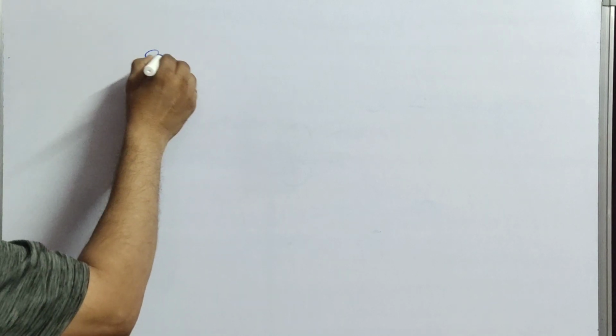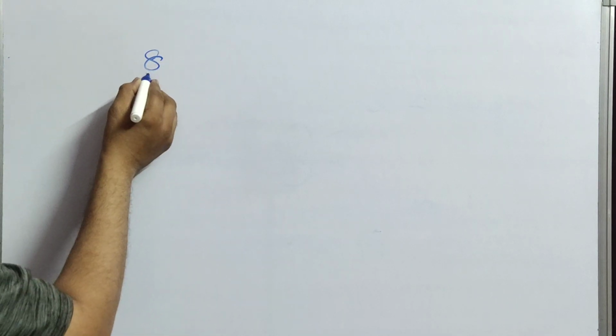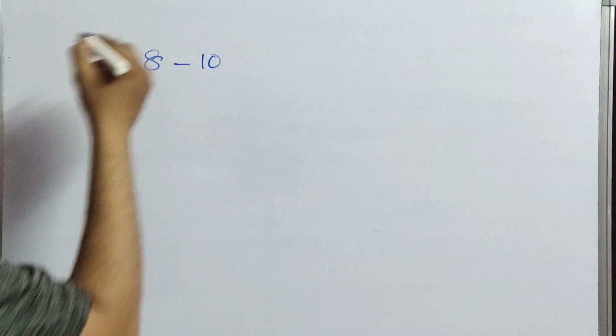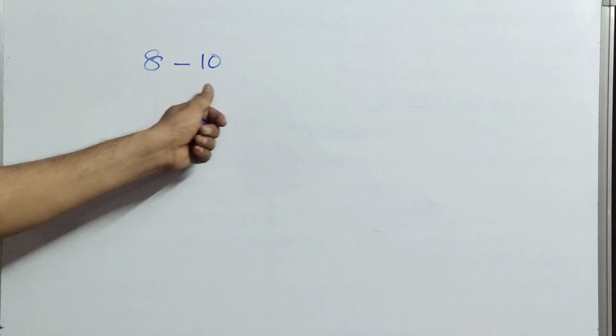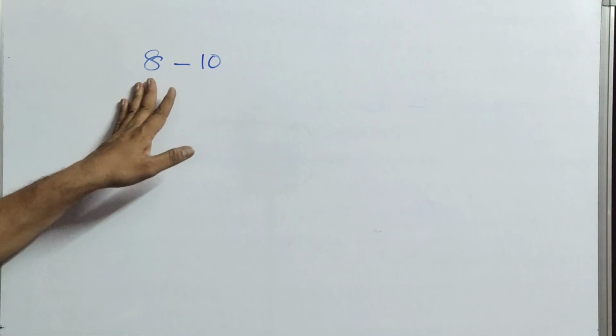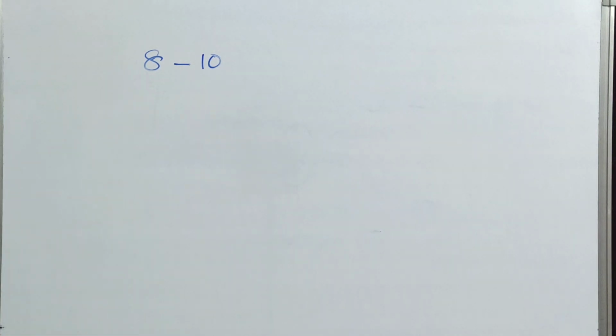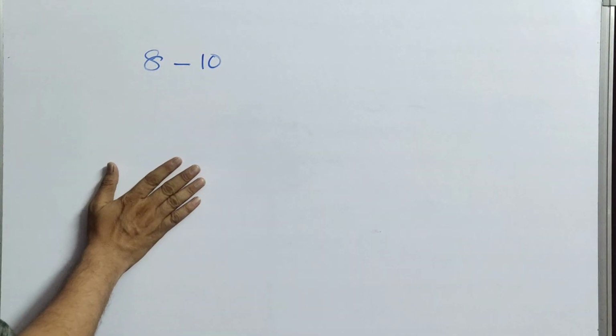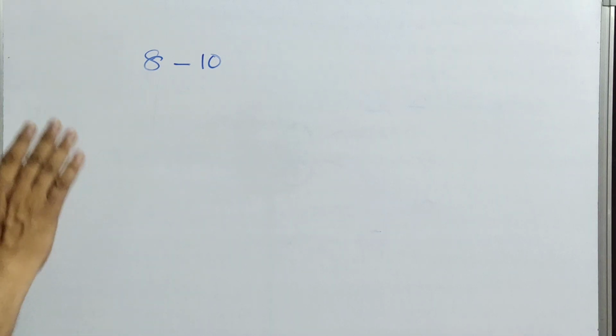Now, one plus number and one minus number. 8 minus 10. You don't worry about which is a small number and which is a big number. Okay? Just think only about the symbols. Symbols are more important in integers. Is it clear?